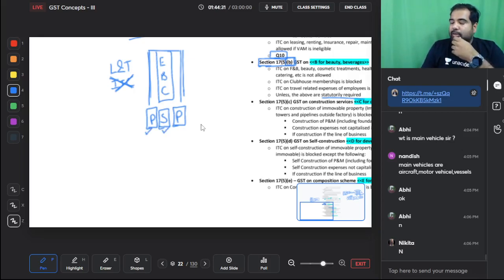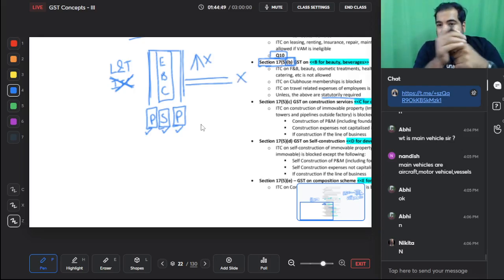If you're on the same line of business, then allowed. And if it's debited to P&L, then it's allowed. And guys, immovable property includes any telecom towers, that also you will not get ITC, and any pipelines outside your factory, that also you will not get ITC. So immovable property includes pipeline as well as telecom towers. You don't get ITC except PSP.